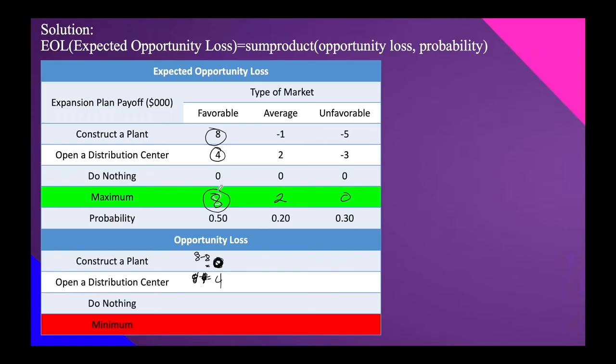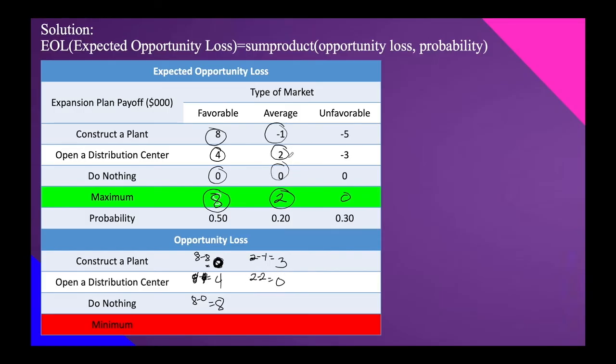Now, let's have 8 minus 0, maximum minus the payoff. So, 8 minus 0, this is equivalent to 8. Next, we have 2 minus negative 1. So, 2 minus negative 1, positive 3, and they have a loss of 3. 2 minus 2, this is equivalent to 0.